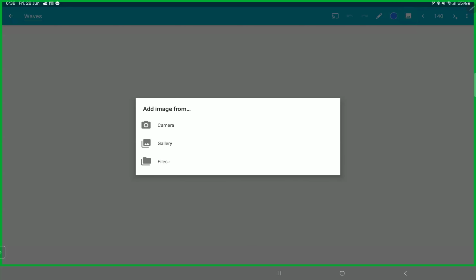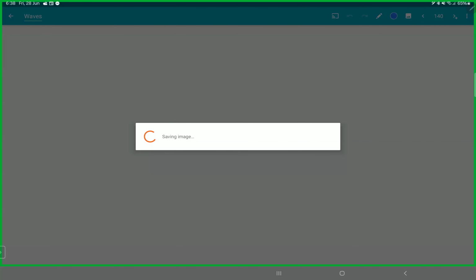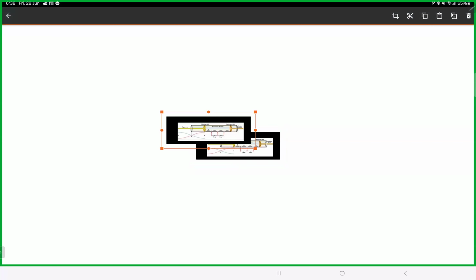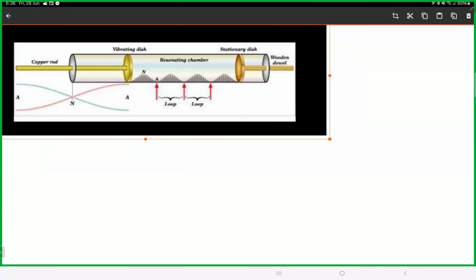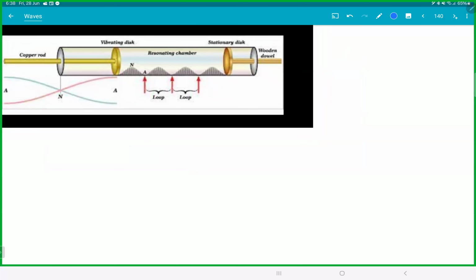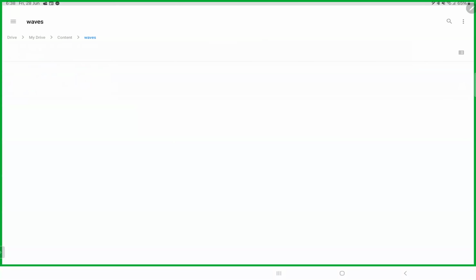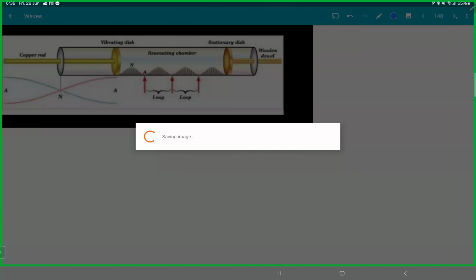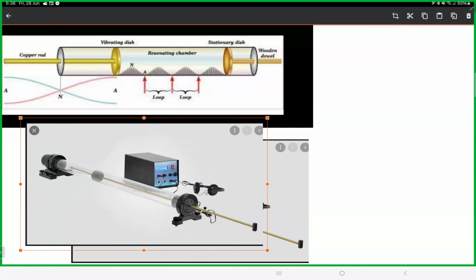The setup, the actual thing, would have looked like this. This is a more beautiful diagram. They take a pretty long tube. This is how the setup would look.